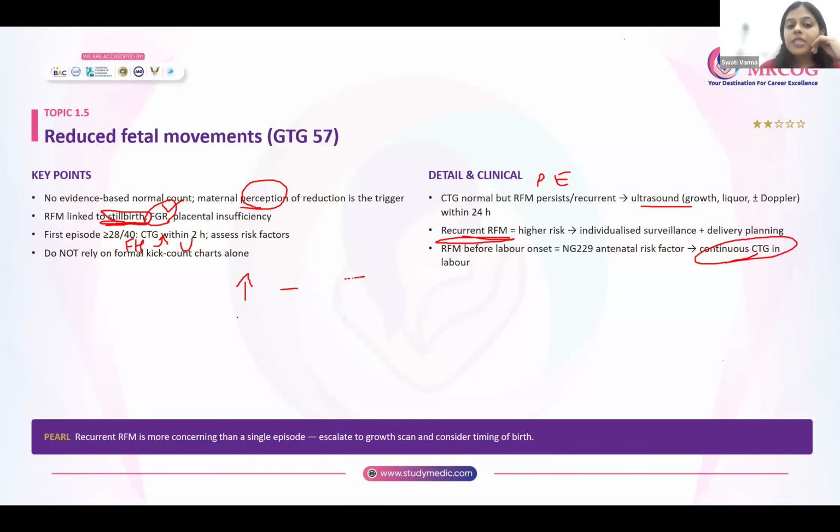Another important thing, if she reports to you with no fetal movements up till 24 weeks of gestation, till 24 weeks are over and still she hasn't started perceiving any fetal movements, then is the time you should check whether anomaly scan has been carried out or not, and then you should refer her to fetal medicine for opinion. Recurrent RFM is more concerning than a single episode. Escalate to growth scan and consider the timing of birth.